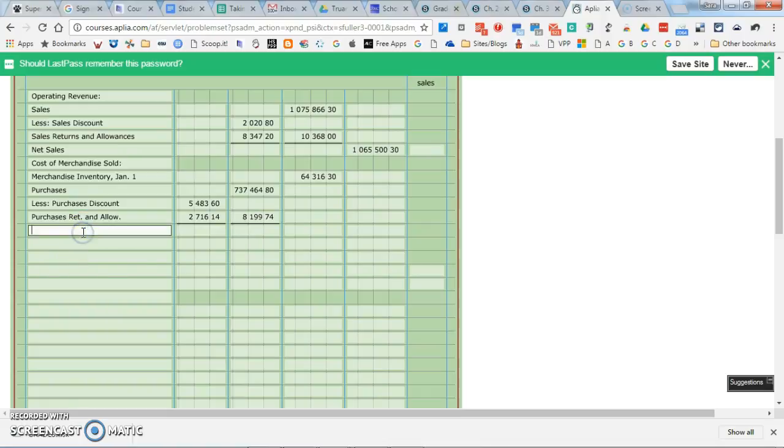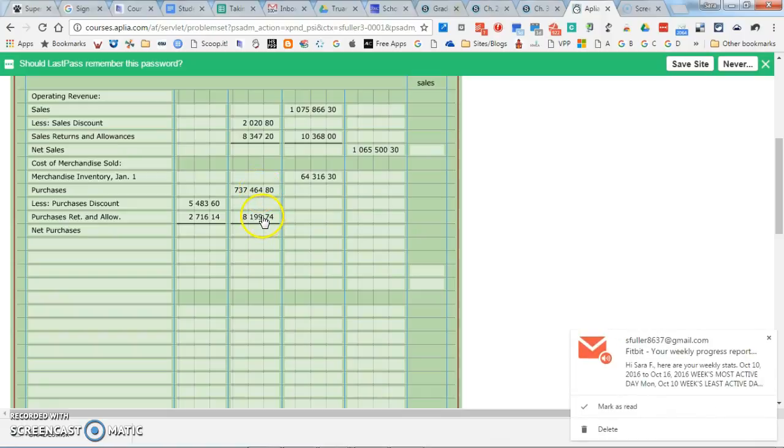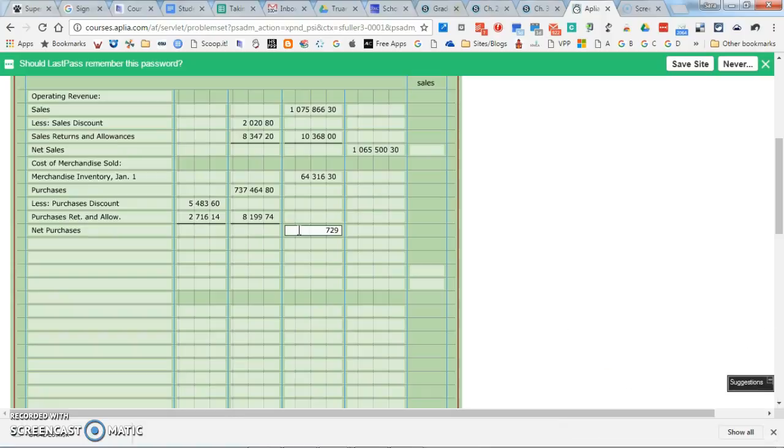Then our next line will be net purchases. And so we'll take this minus this. And then you have a third column, so $729,265.06.